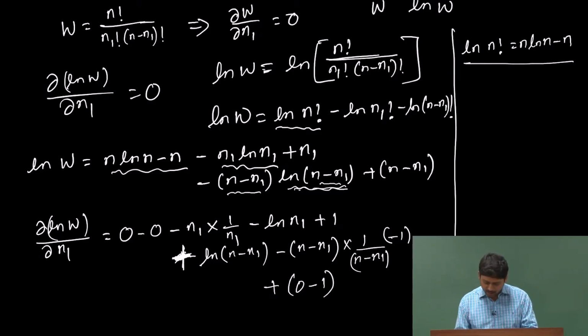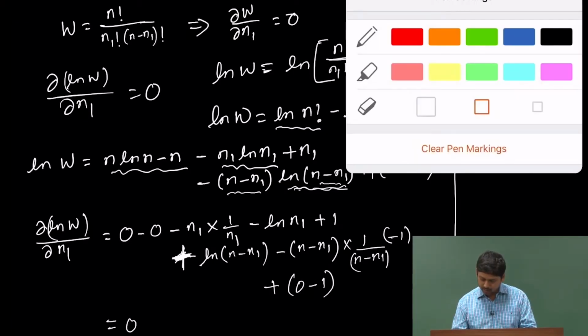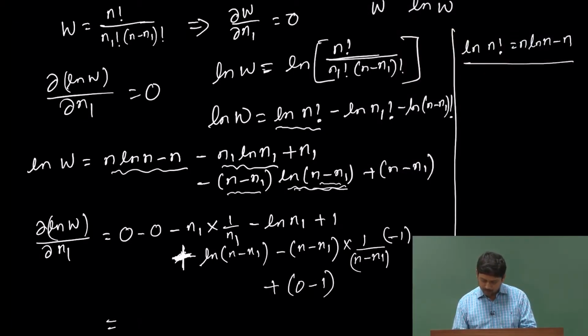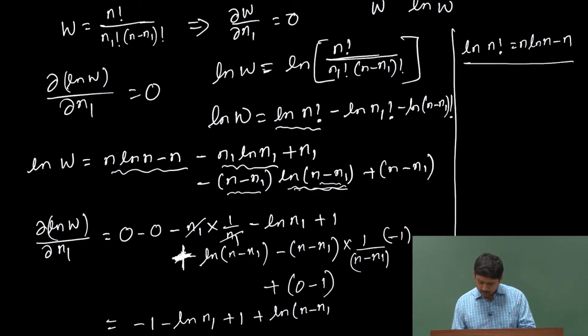Now, let us write down what we got. 0 minus 0 is 0, so I will not write the first two terms; I will start from this term. So, this n 1 and this one cancel and give me minus 1 minus ln n 1 plus 1 plus ln n minus n 1.